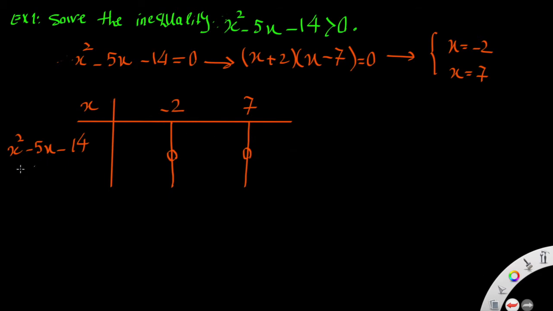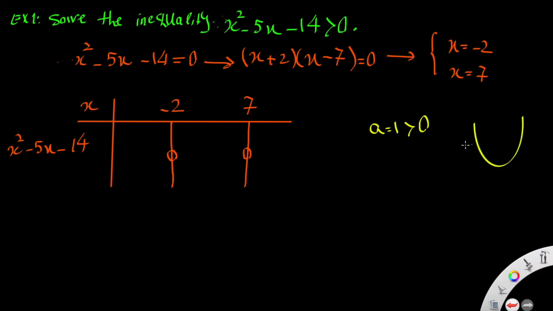As you know, this expression is a quadratic expression bending upwards if you construct the graph. Why? Because a is 1, which is greater than 0. It means that your curve bends upwards.